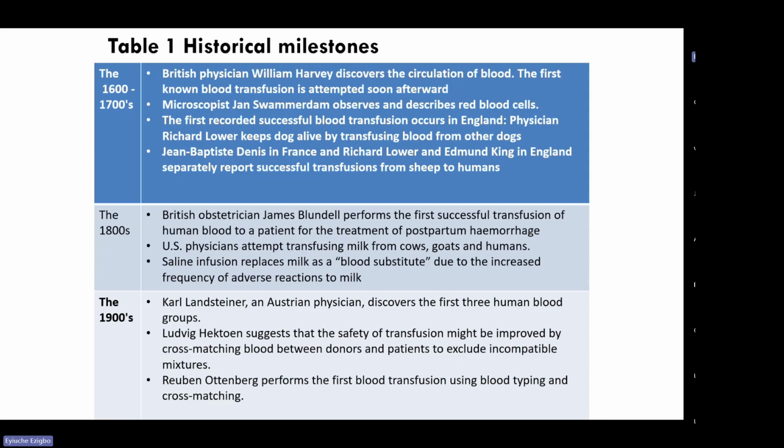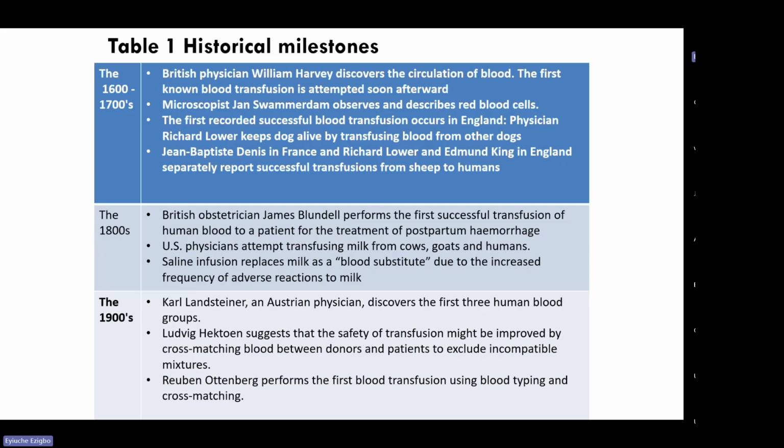Between 1660 and 1670s, the well-known physician William Harvey discovered the circulation of blood. Also, the microscopist Jan Swammerdam observed and described red blood cells. In the 1800s, the British obstetrician James Blundell performed the first successful transfusion of human blood to a patient for the treatment of postpartum hemorrhage.